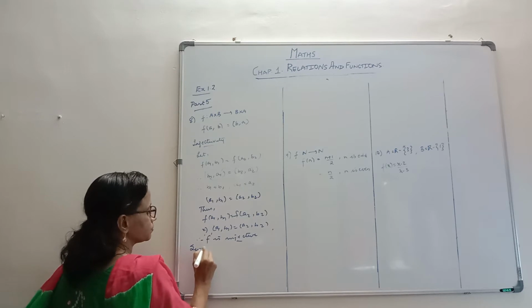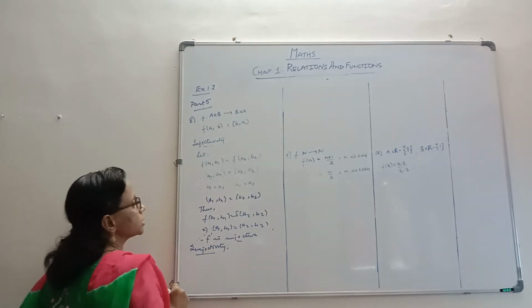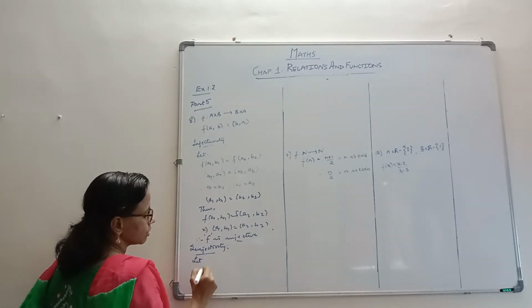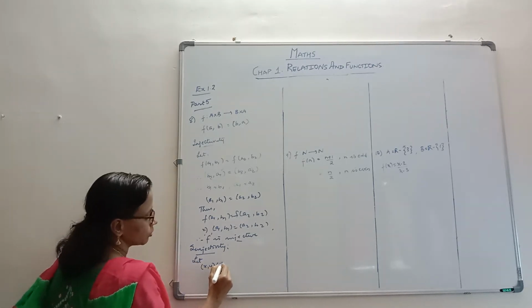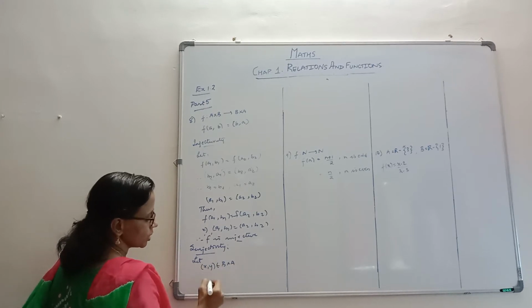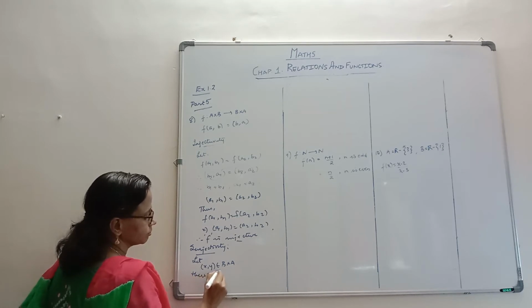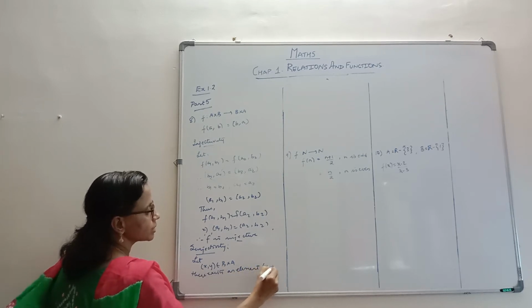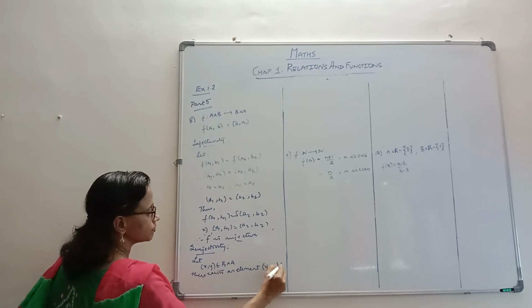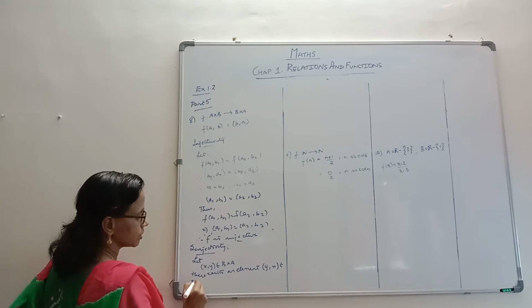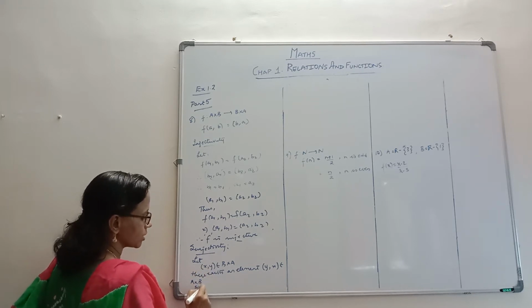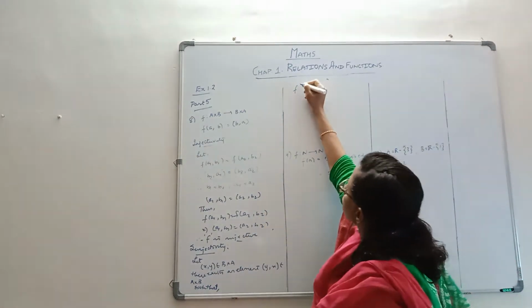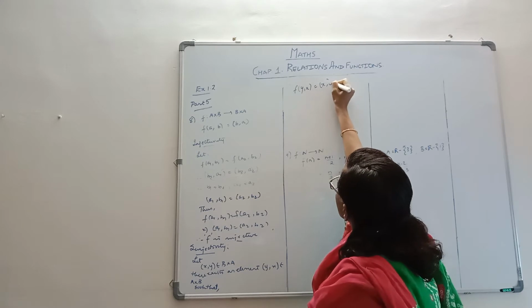Then surjectivity. Given an element in B cross A, you should be able to find an element in A cross B. So let (x, y) belong to B cross A. This means x belongs to B and y belongs to A. There exists an element (y, x) belonging to A cross B such that f of (y, x) equals (x, y).